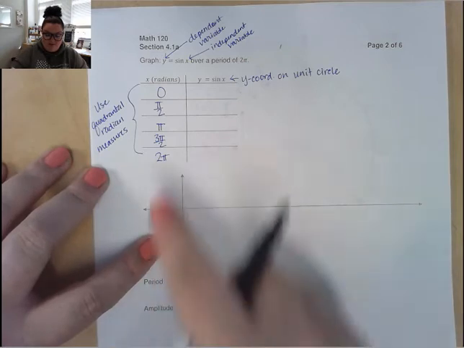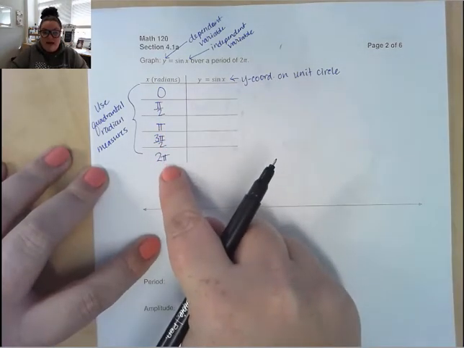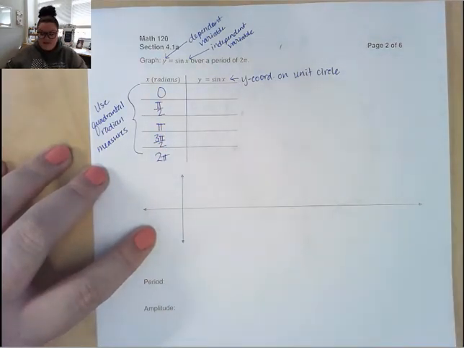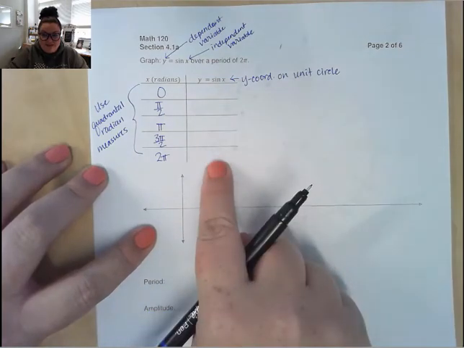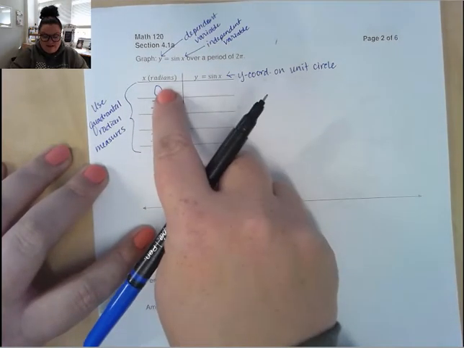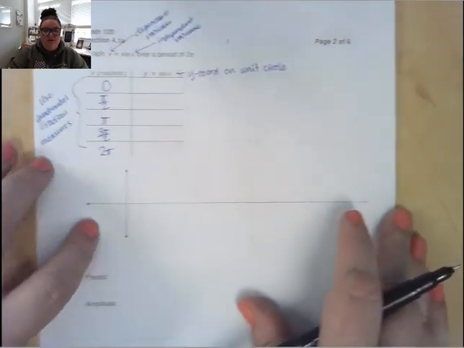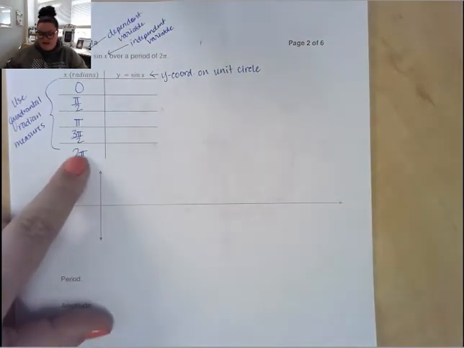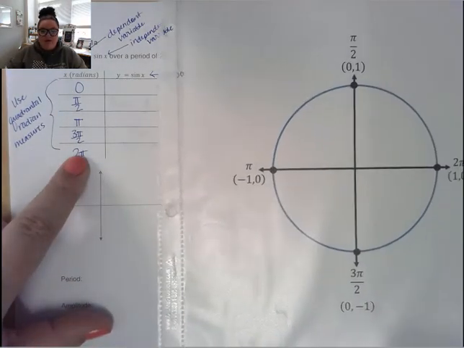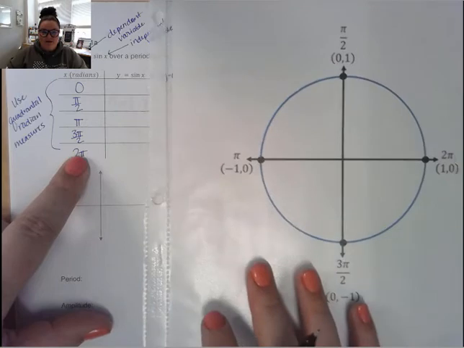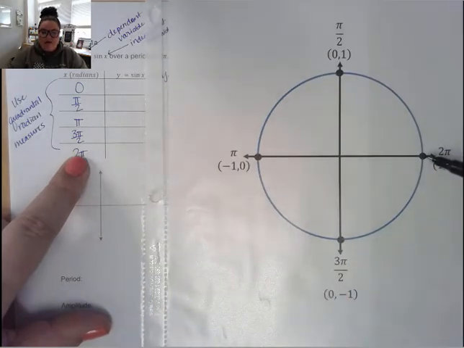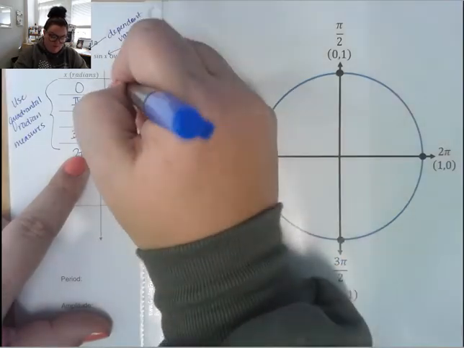So I've specifically chosen nice radian measures that have pretty sine values. Now all I have to do is look at each of these x values and see what its corresponding y value is. When I'm at 0, the y value is 0.